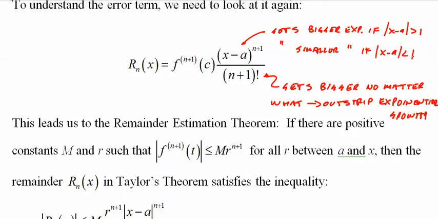As we just showed you, it's going to get bigger on the bottom no matter what. So all we really care about is what's going on over here. Is the derivative getting bigger and bigger and bigger? If it's getting bigger, is it getting bigger with the other top to outstrip what's going on the bottom?